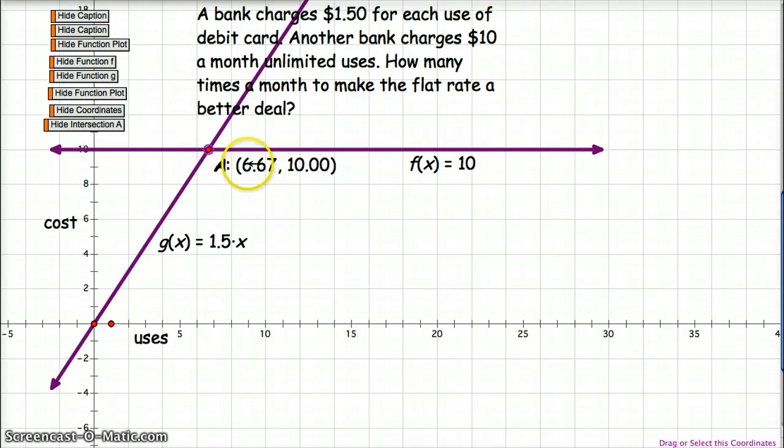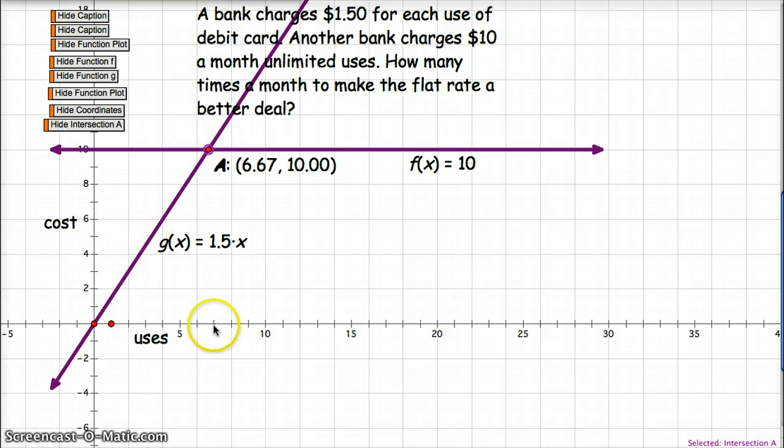And so what we want to do now, now that we have the two graphs, is compare the two graphs together to find out what's the better deal. So basically, if I break this graph down, what you're going to see is this. Anything below, about 7 uses, is going to be a better deal to get charged per use.